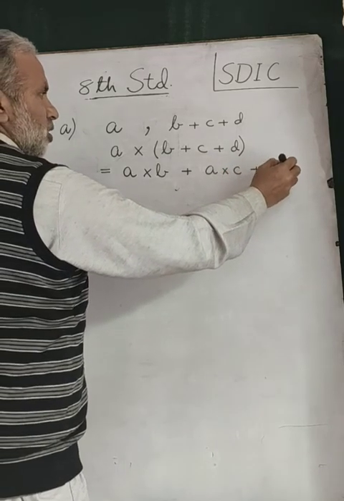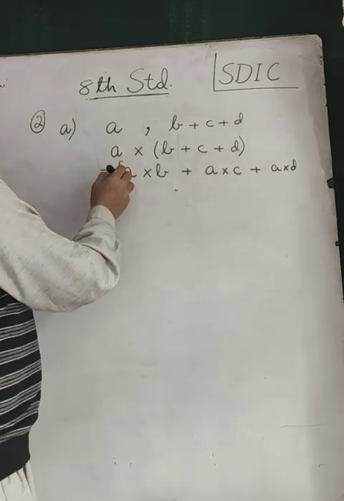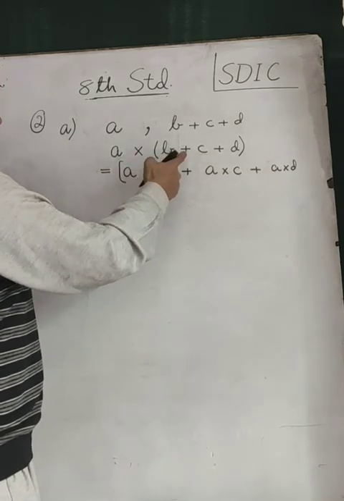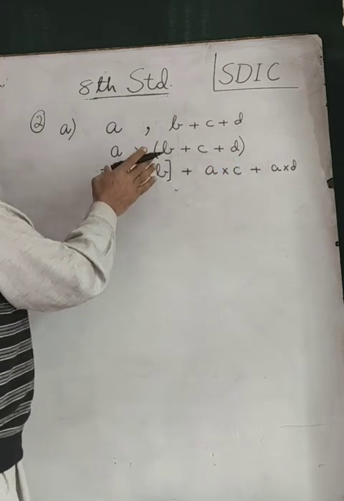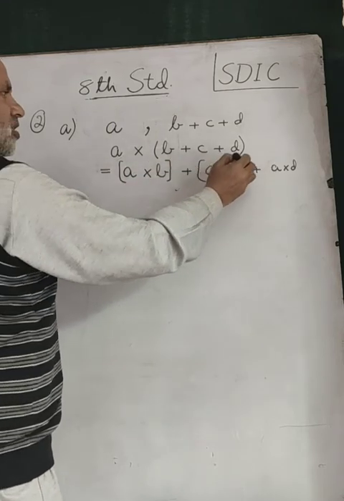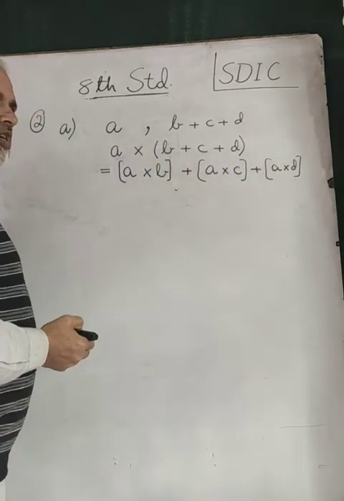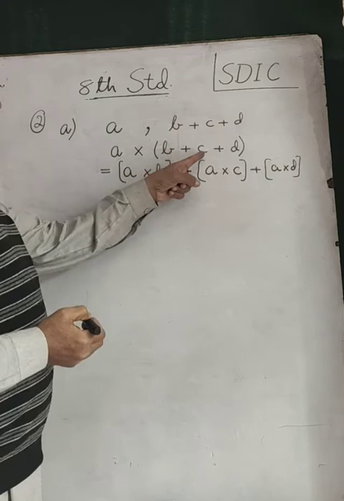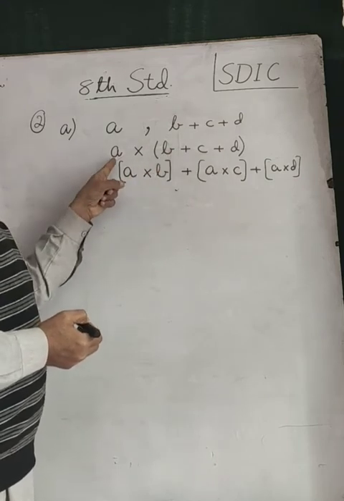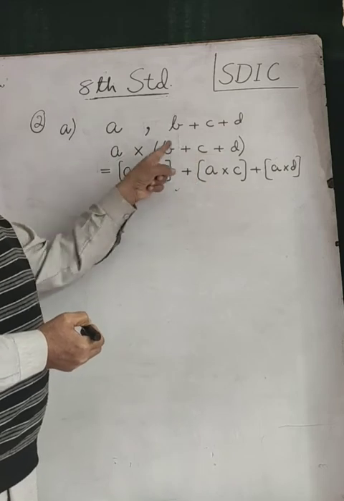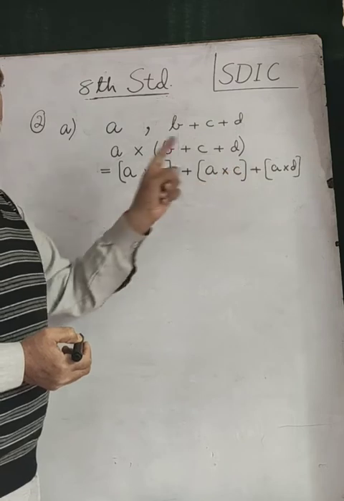And then you will have to multiply A by D also. 3 parts, 3 terms were there, so therefore 3 parts you will get. 3 brackets you will use, long bracket first, second, third. Showing the 3 terms multiplied by the monomial outside. This shows the first term multiplied by the monomial. This shows second term multiplied by the monomial. This bracket shows third term multiplied by the monomial.